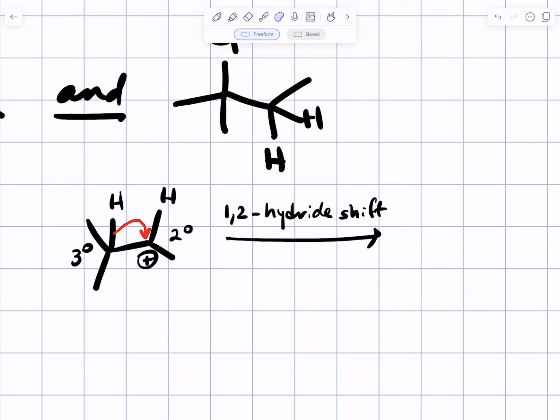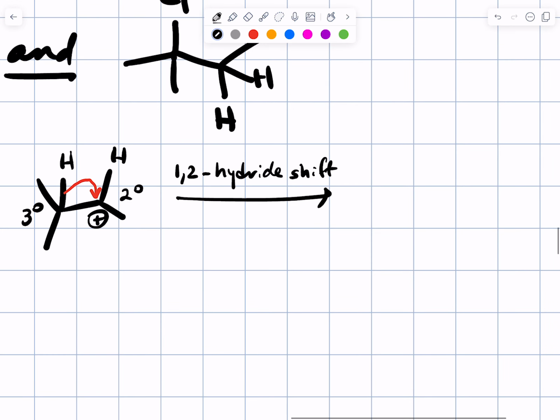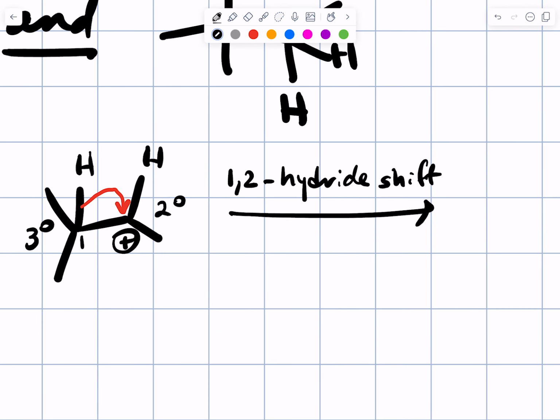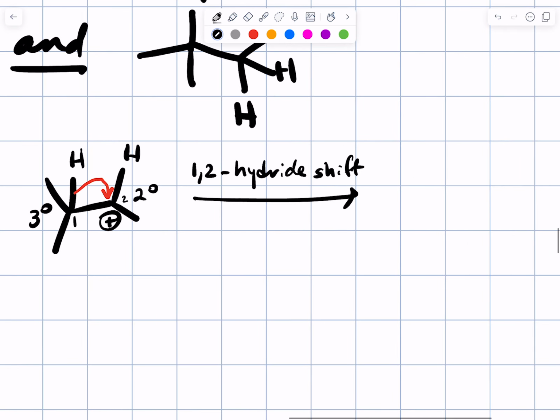The 1,2 hydride shift makes it so that, let's see, we need numbers. Here's atom 1, here's atom 2. The hydride ends up bonded to atom 2, and we have a positive charge on atom 1.